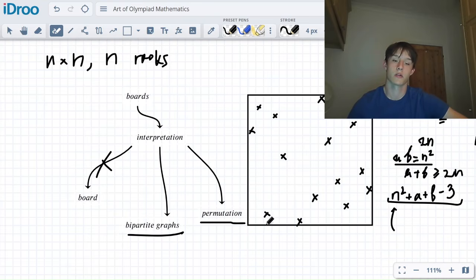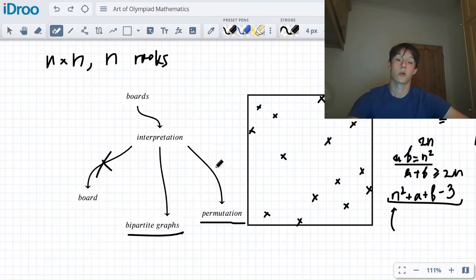Bipartite graphs. In bipartite graphs, the idea is that if they're non-intersecting, then you basically have a cycle or just paired edges like this. You can't have anything like this. So it's just pairs.